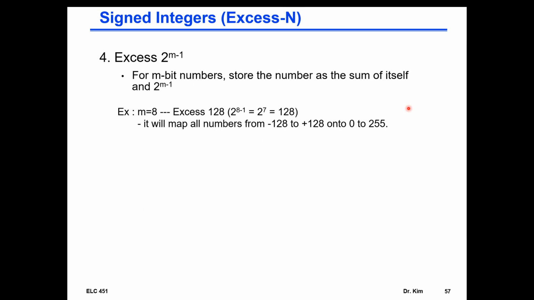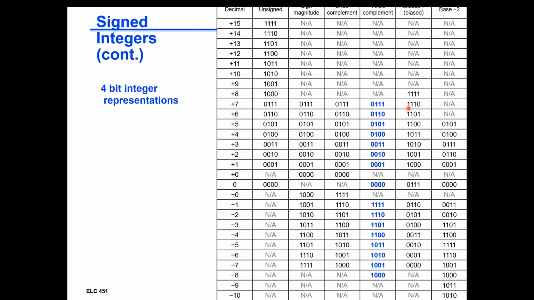And there are a couple of slides here about excess and things like that, so I'm just going to go through that. Here are some representations for 4-bit integers in different formats. What I want to highlight here is the 2's complement.